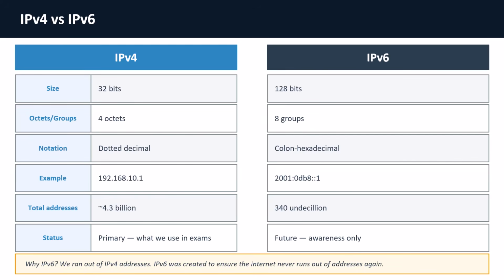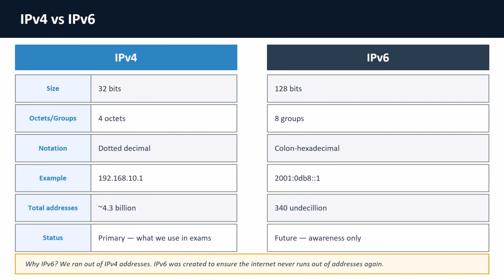That sounds like a lot, but remember, any device connected to the internet must have a unique IP address. And we have over 4.3 billion devices on Earth at the moment which are connected to the internet, and this number is growing, so we definitely run out of those IP addresses.